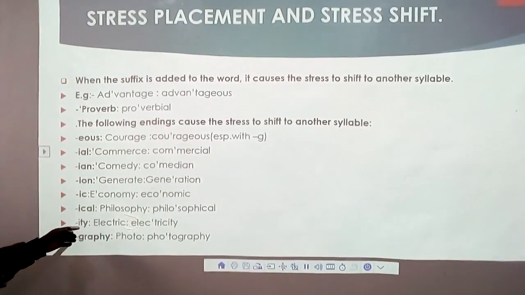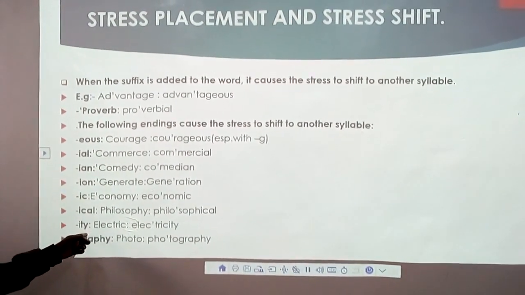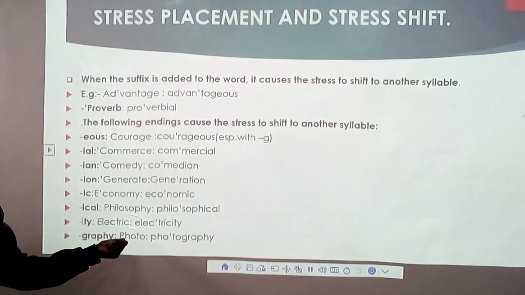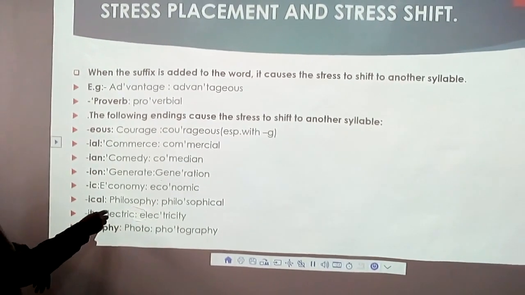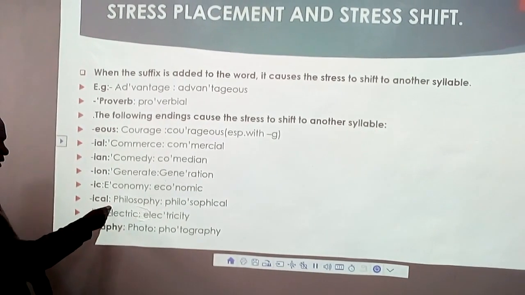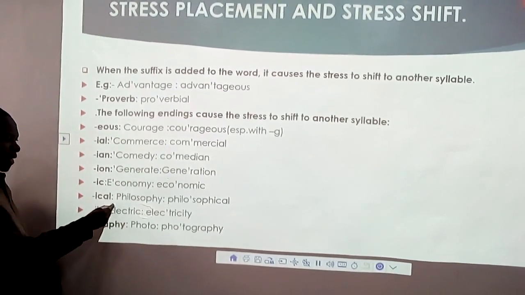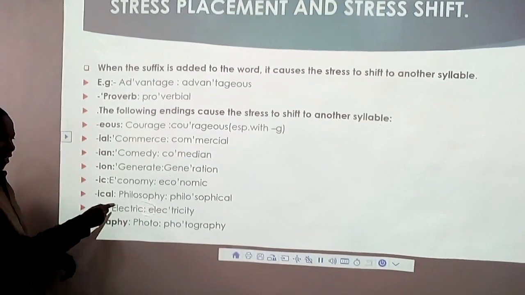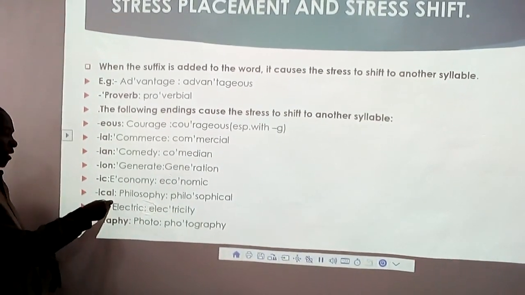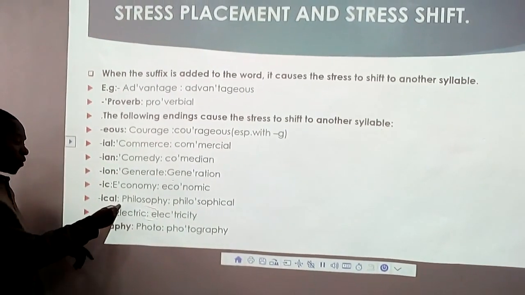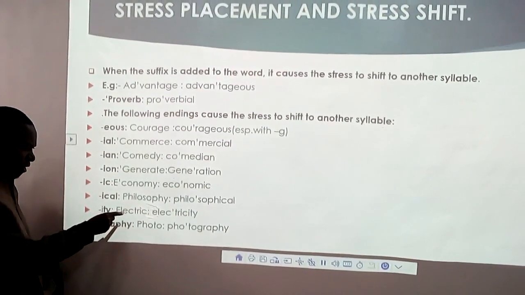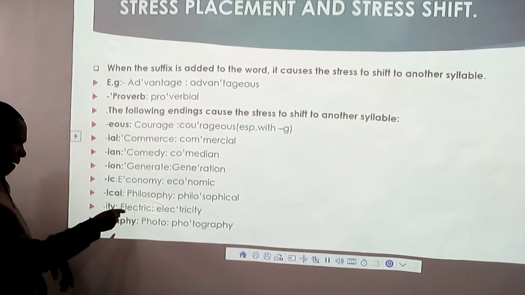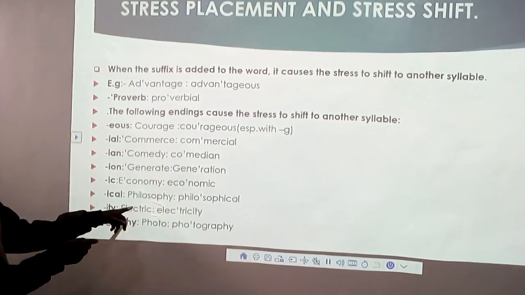Now, for words ending in -ity, you see electric, electricity. The stress was here on electric. I'm sorry, I forgot to stress here, but there's no problem. You have to stress here: electricity. Electric, electricity.